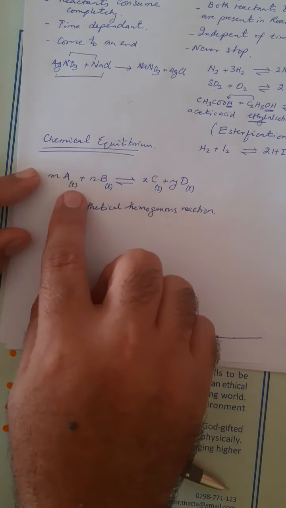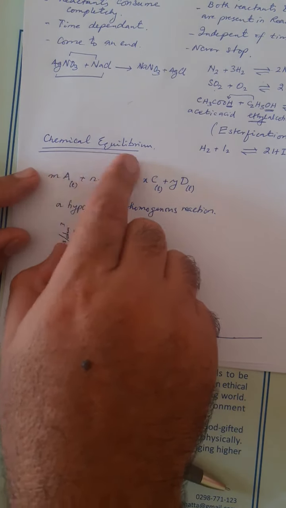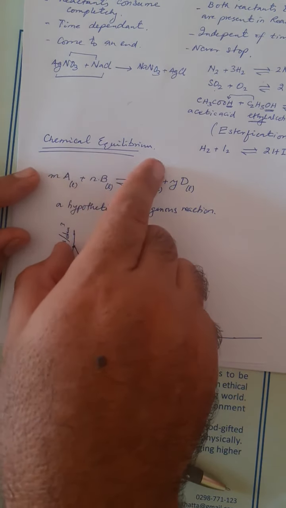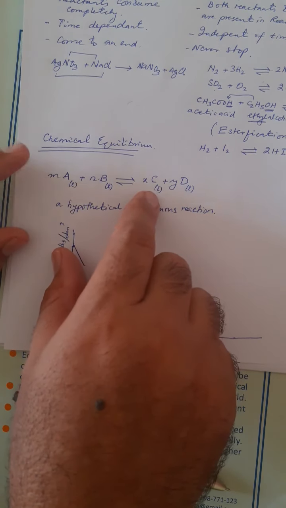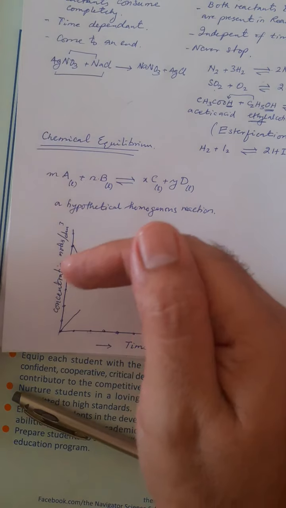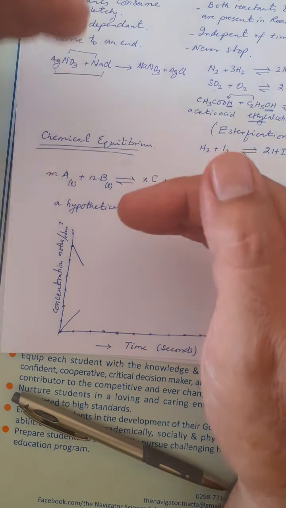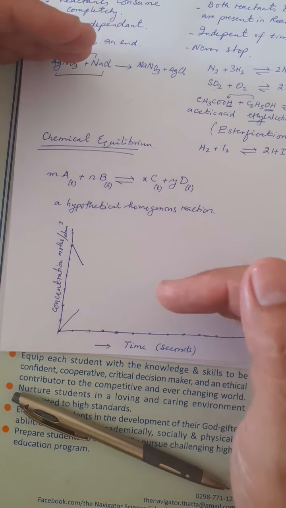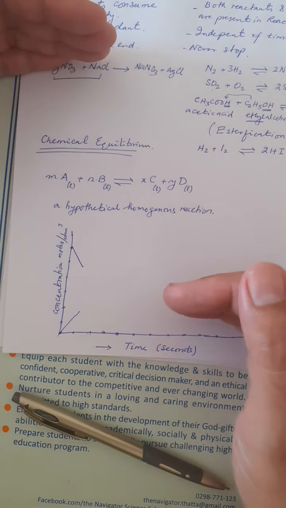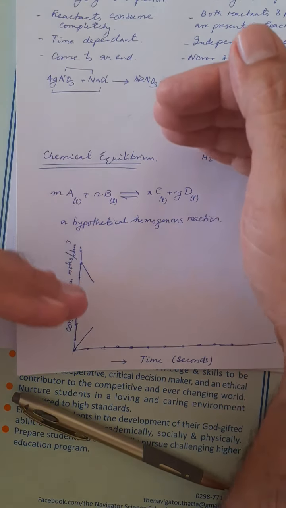And slowly, gradually, they convert into A and B. But since A and B are reacting faster, they are getting less quickly, and C and D are getting less slowly. So there's a decrease in the concentration of one and an increase in the other. But the concentration never becomes 0. It's not like A and B are at maximum and C and D are 0, and then C and D will become maximum and A and B will be 0.